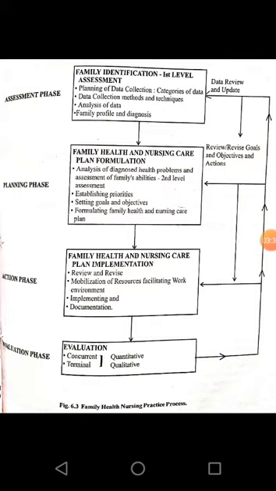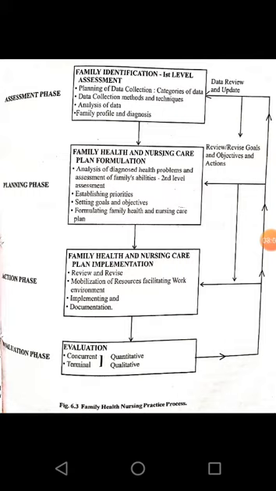Moving further into the planning phase. In the planning phase you can see family health and nursing care plan formulation. So here you will be analysis of diagnosed health problems and assessment of family's ability. We are going to analyze the diagnosed health problems. Already there may be some health problems like diabetes mellitus, hypertension, cardiac problems, malnutrition.